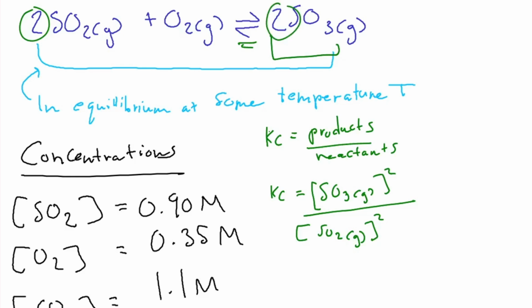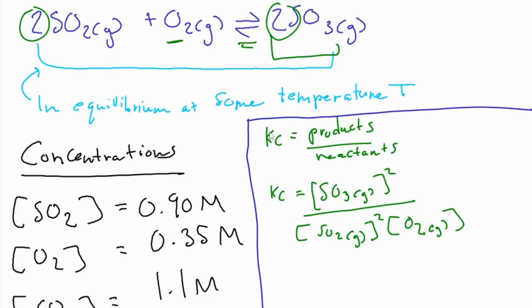Now the final reactant to look at is our oxygen here. I'll write it like this, just O2 on its own. O2 gas, like so. Now let's get to calculating because we're given our concentrations here. Let's just plug and chug. All right. So this would be equal to, what's my SO3?